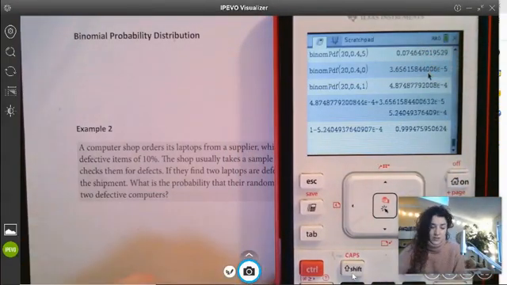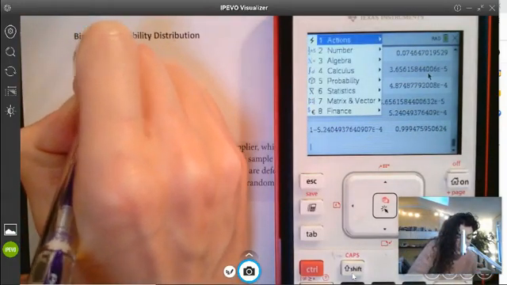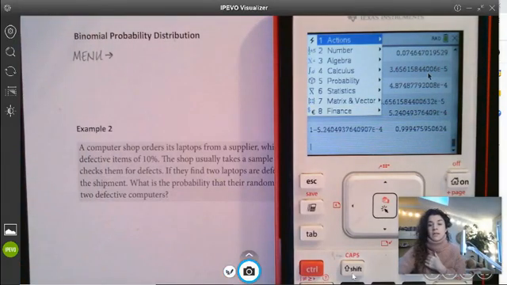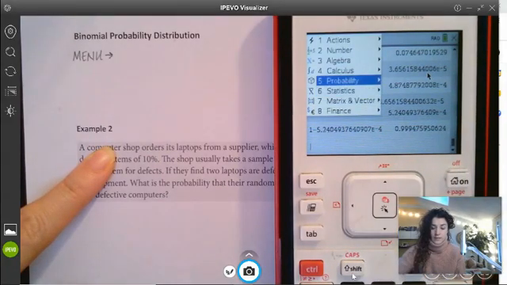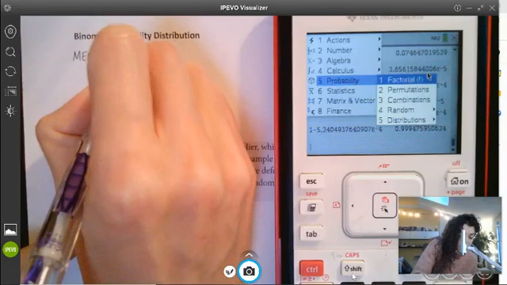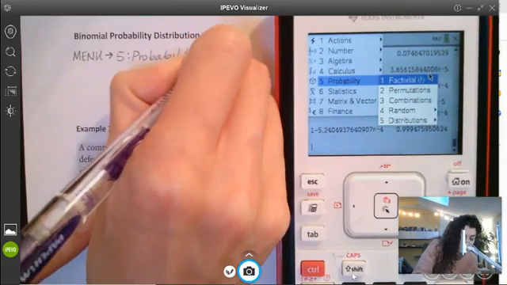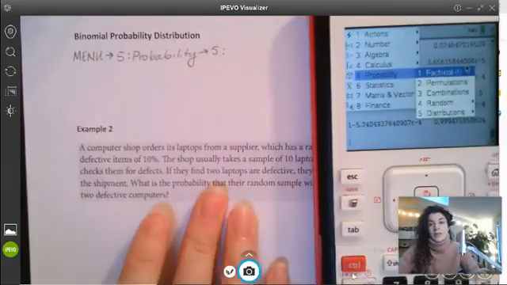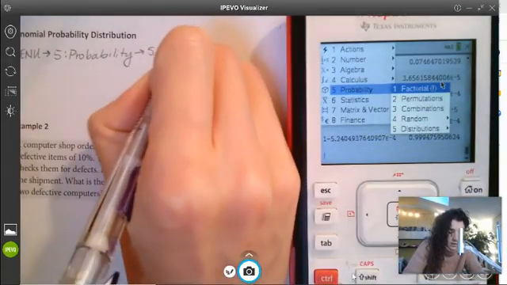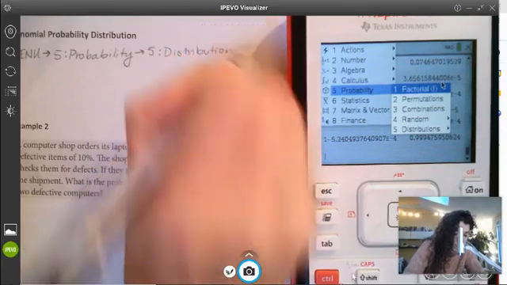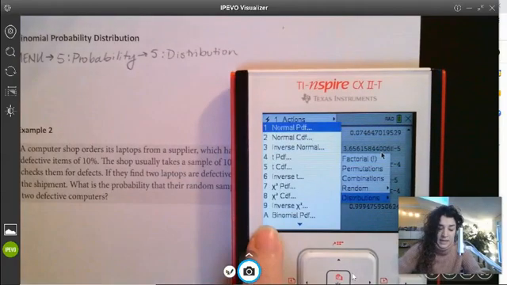You can see I was doing these calculations earlier. First, we need to go to menu. Write these steps down, because I'm sure you will forget. This is a whole new part of our calculator we haven't looked at before. We want to go to probability, which is 5. And then we want to go to distributions, because we're talking about a distribution here.